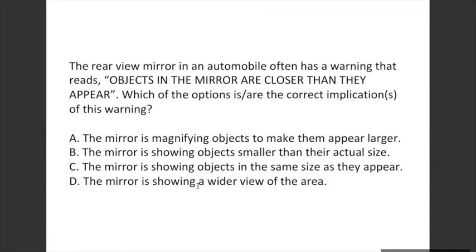In the case of A and C, the purpose of the rear view mirror is lost because the object itself will be taking up a larger area, and whatever you want to see of the side or what is happening adjacent to that object is difficult to see. That's where A and C are incorrect, and the correct options are B and D.